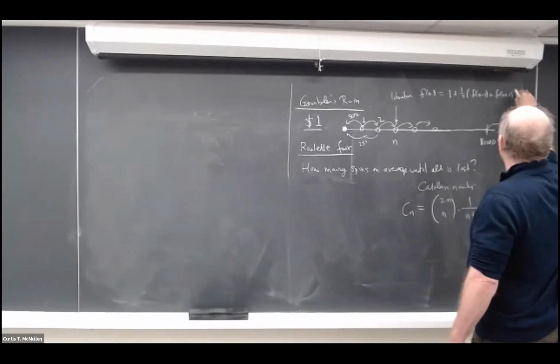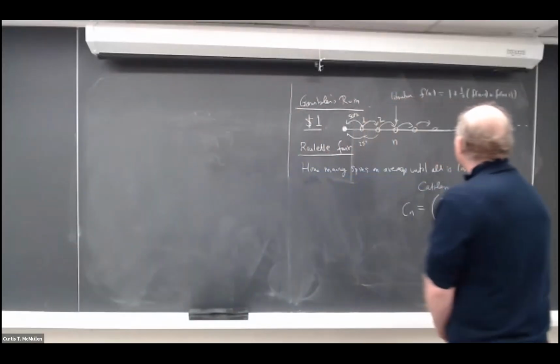That's basically the recurrence that we saw last time when we were looking at this game. And then we see that the expectation is proportional to how far you are.